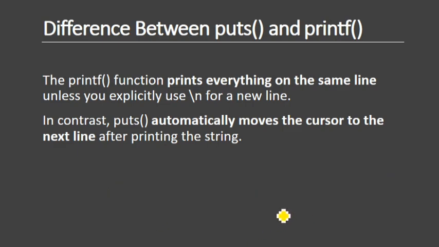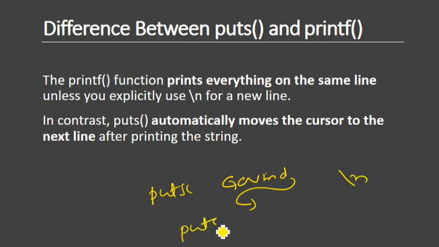But in the case of the puts function, whatever string you write will be displayed, and the cursor automatically goes to the next line. It doesn't require any backslash n. So after printing every string, the cursor will go to the next line like this. This is the difference between puts and printf. Whereas printf doesn't go to the next line, puts, after printing a string, goes to the next line and prints another string.